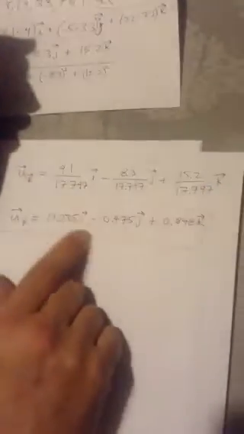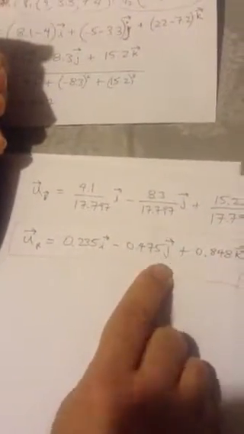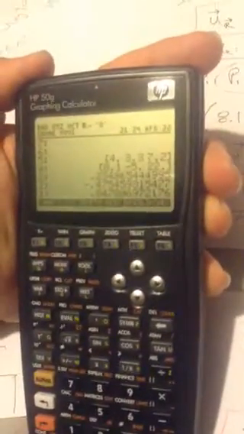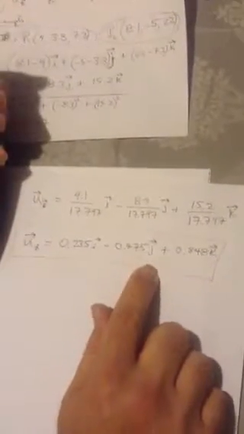The 2 points, the coordinates of the 2 points. I simply hit the key corresponding to my little program, and it gives me the 3 components of the unit vector along the vector R. 0.235, -0.475, and finally 0.848. I have rounded them to 3 decimal places for simplicity. But in a problem I would not round it.